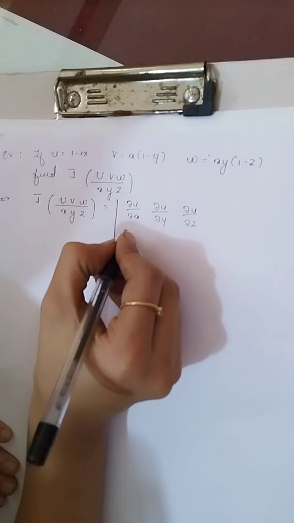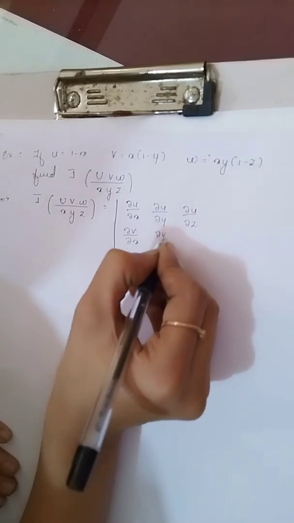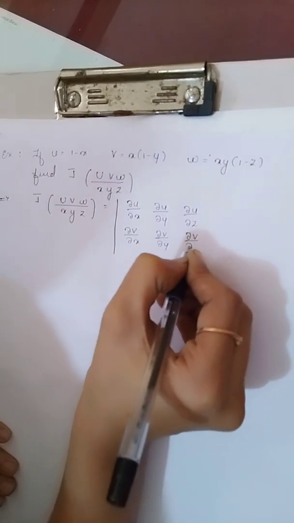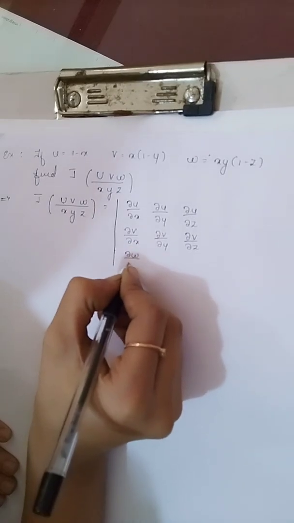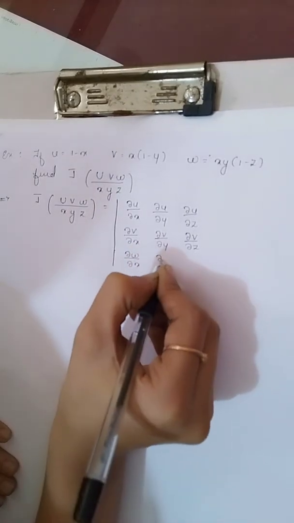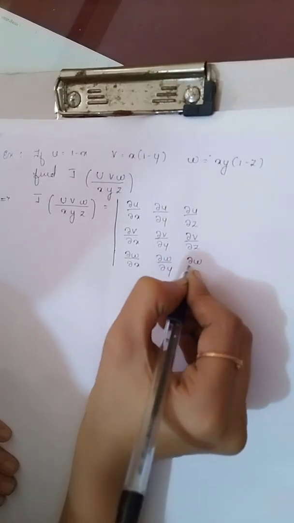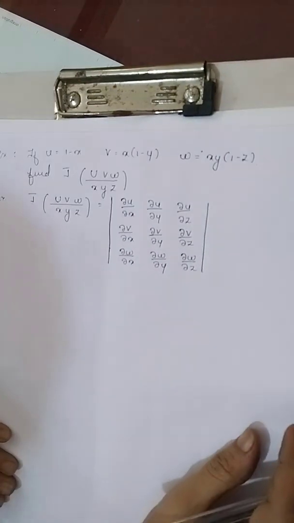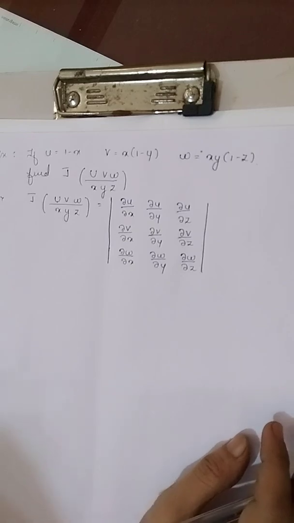Then the second row: dou v by dou x, dou v by dou y, dou v by dou z. And the third row: dou w by dou x, dou w by dou y, dou w by dou z. So now we find the partial differentiation values.